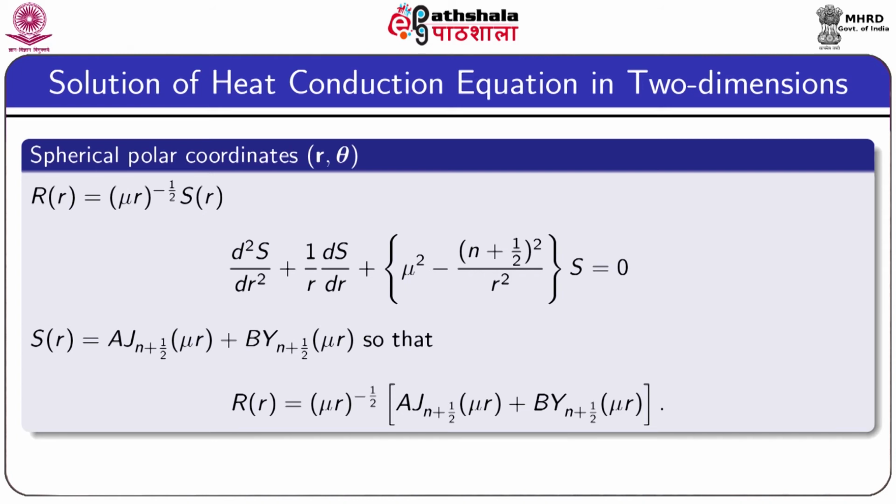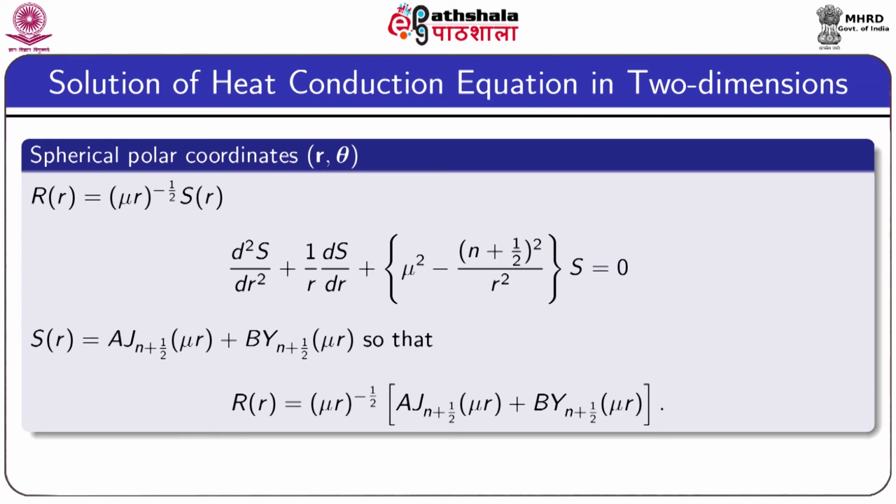The solution of this is the famous Bessel's equation, and the solution can be written as S equals A J_{n+1/2}(μr) plus B Y_{n+1/2}(μr), where J and Y are Bessel's functions of the first kind and second kind respectively, both of order n plus half.